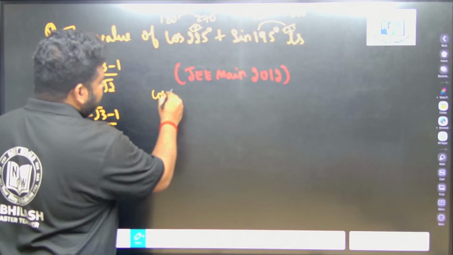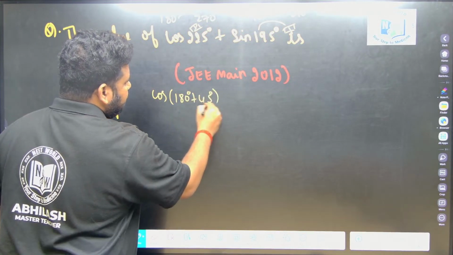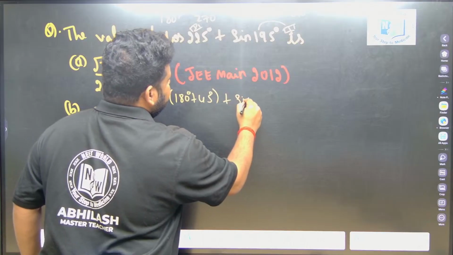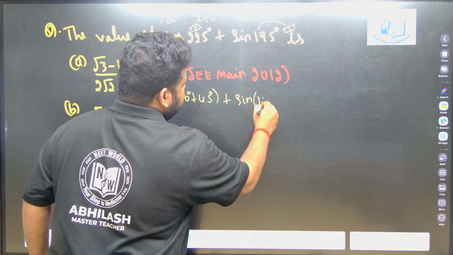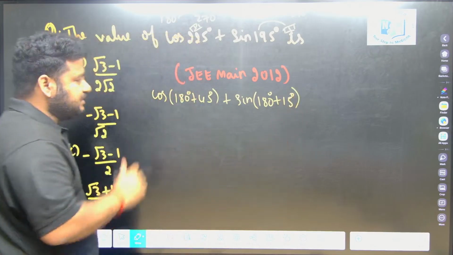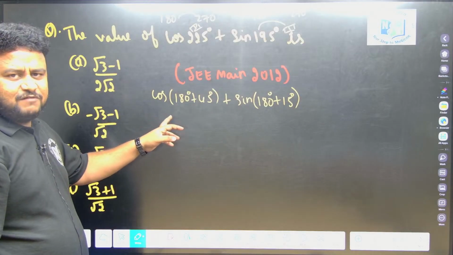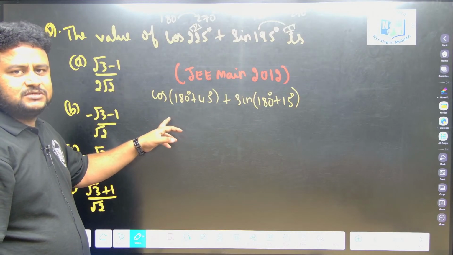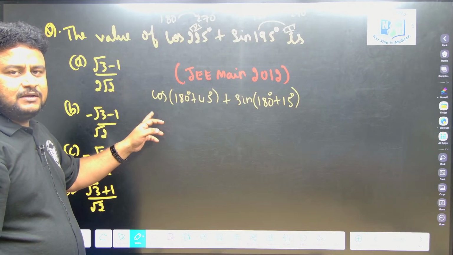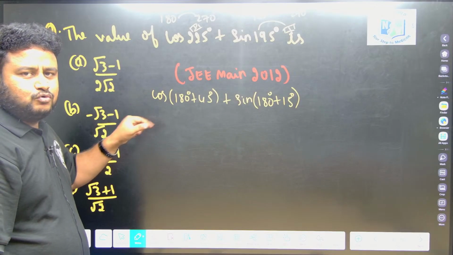So this cos I can write as cos 180 plus 45 degree, since 225 can be written like that, plus sin 180 plus 15 degree, since 195 can be written as 180 plus 15 degree. Now, 180 is what, an odd multiple of pi by 2 or an even multiple? 180 means it is pi, and pi by 2 into 2 gives pi.